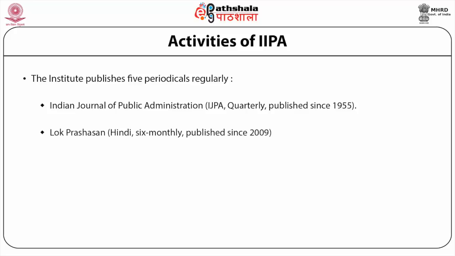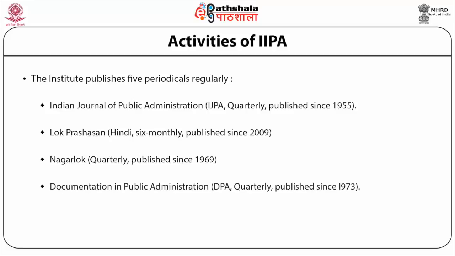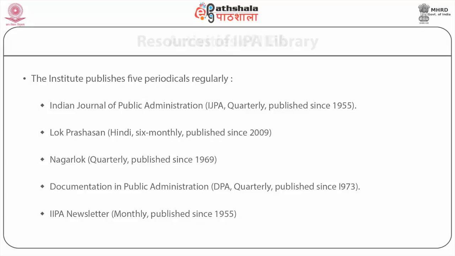Then Lok Prakashan, Hindi, 6 monthly, published in 2009. Then Nagar Lok, quarterly, published since 1969. Documentation in Public Administration, DPA, quarterly, published since 1973. Then IIPA newsletter, monthly, published since 1955.